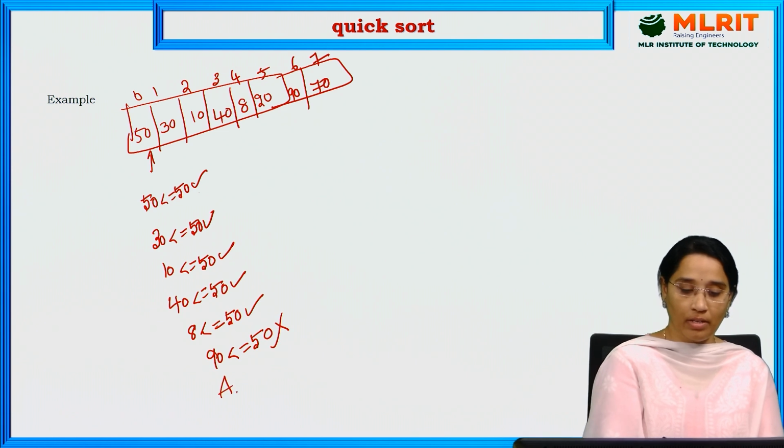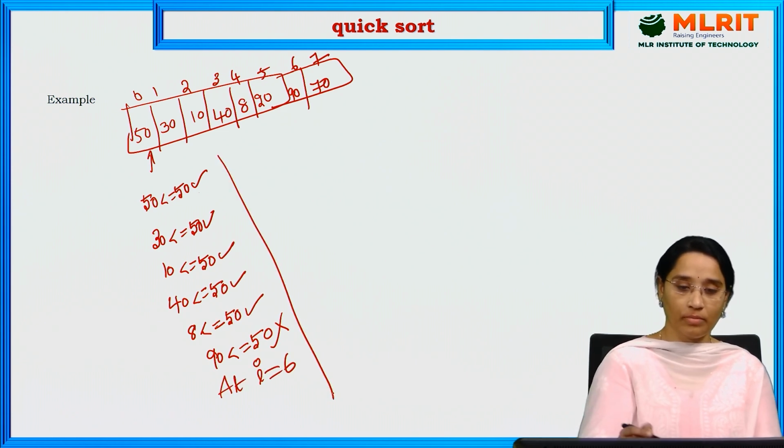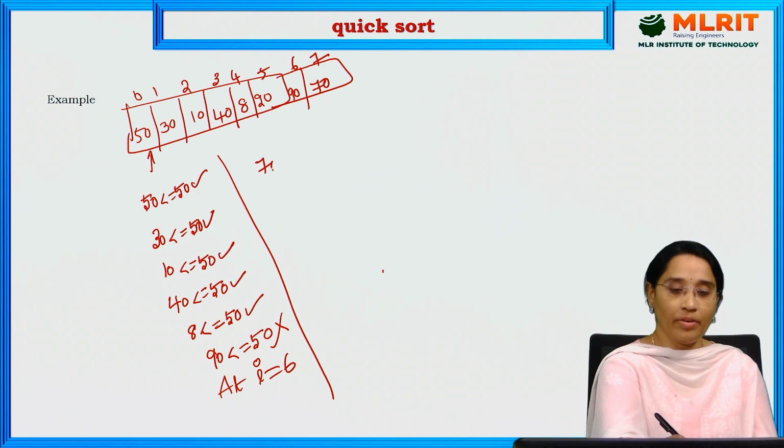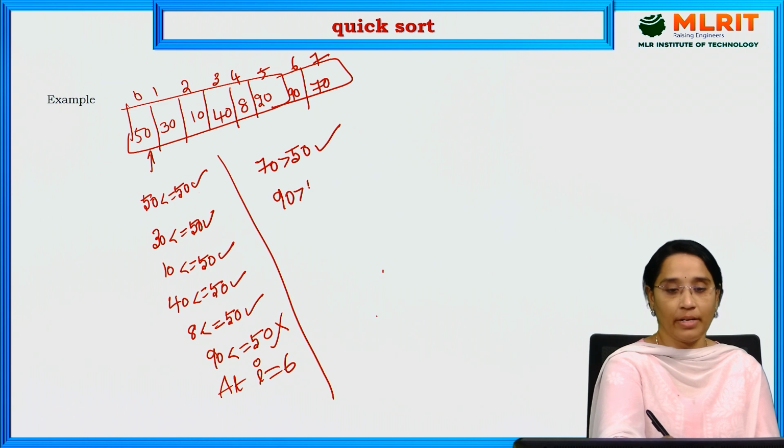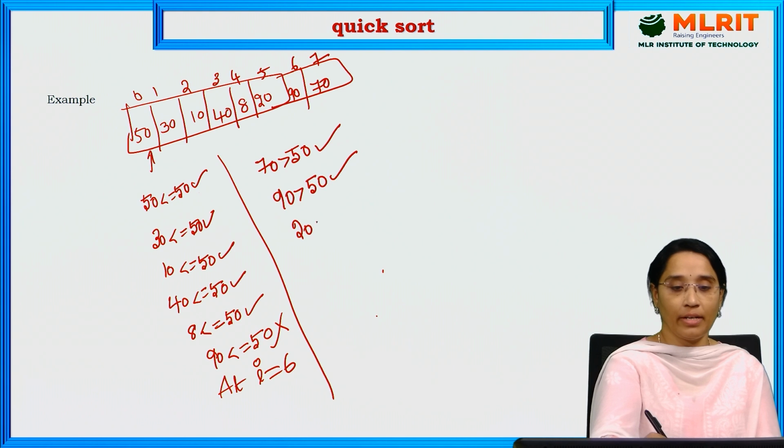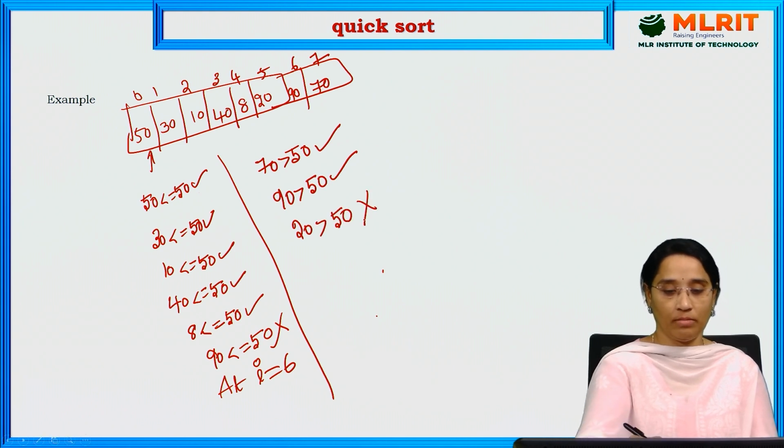So i is equal to 6. Now for j: 70 greater than 50, true. 90 greater than 50, true. 20 greater than 50, condition false.